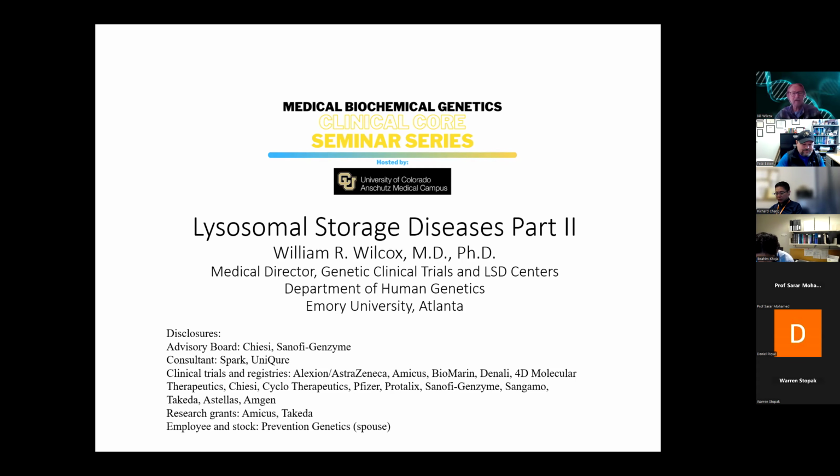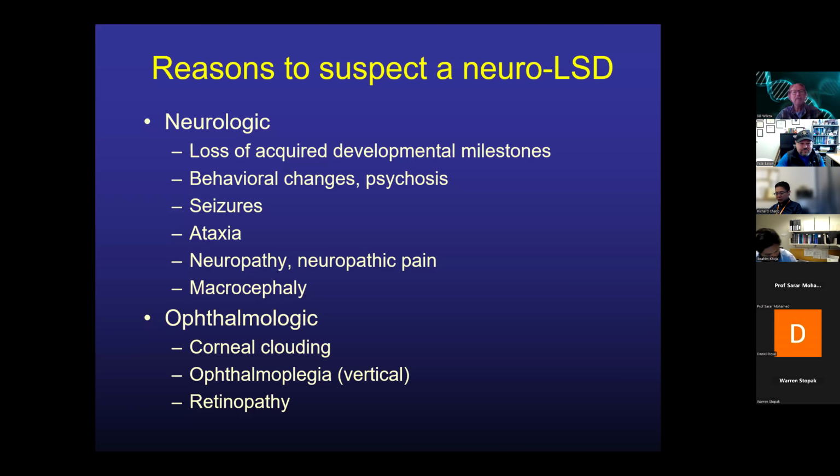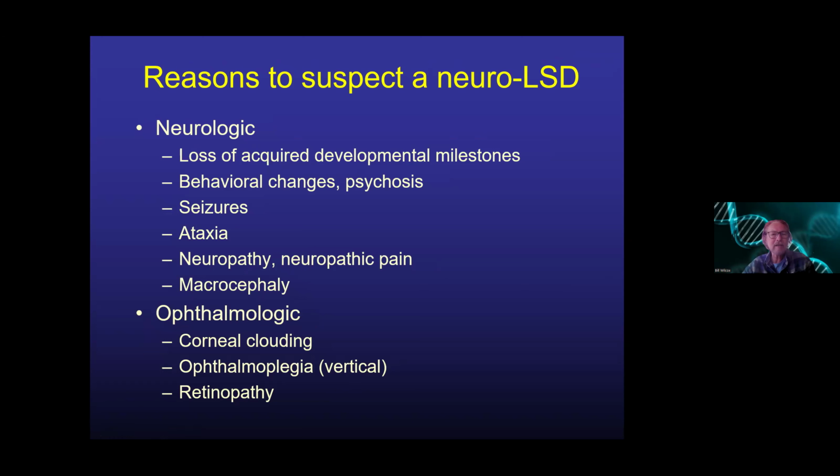Okay, thanks. There are my disclosures. What I'm going to focus on today is neurologic LSDs that don't have as much outward somatic symptoms like we discussed in the last session. So what neurologic things are we looking for?